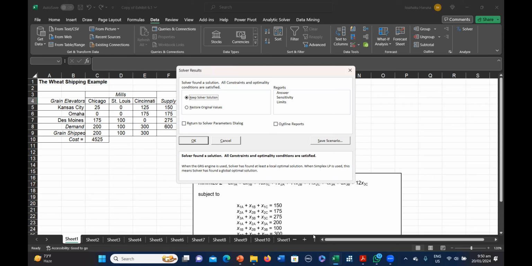It didn't open, so I have to come here. We are saying that this should be equal to that, then this should be equal to that. So you can solve.